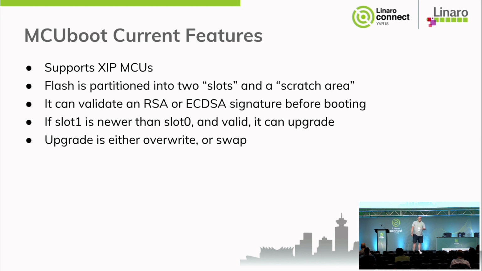MCUboot partitions the Flash into two slots, which I call slot 0 and slot 1 for lack of more exciting names. And then there's a scratch area. In order to update, you have to swap the images, and in order to do that robustly, you need a place that you can always store something when you're erasing Flash. So this scratch area is used for that.